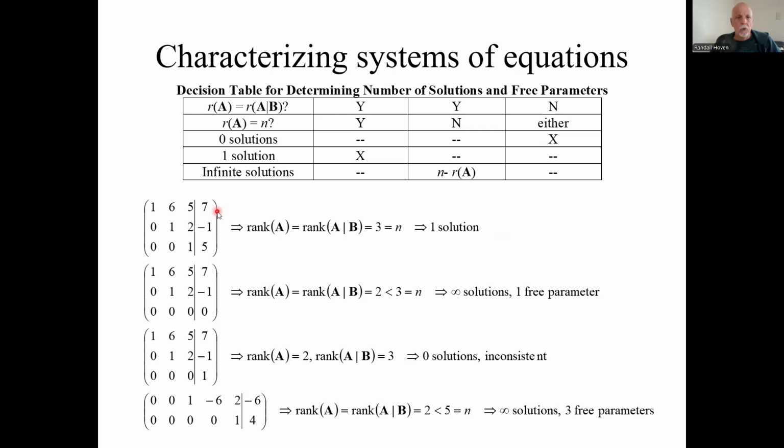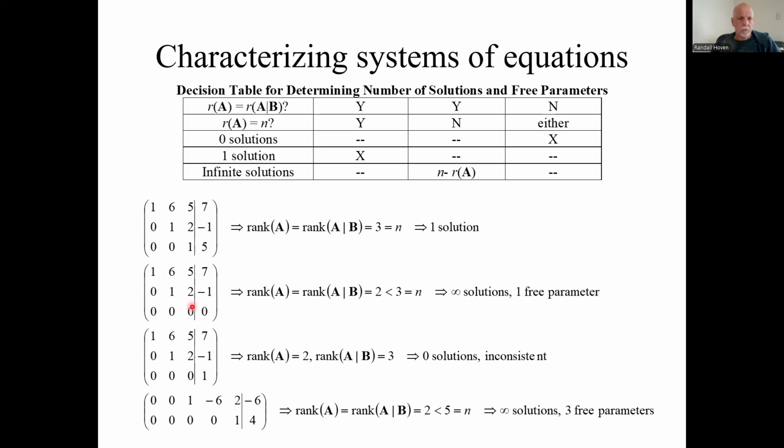So if you already have augmented matrices in row echelon form, you can figure all this out. It's just three numbers you need: the rank of just the A part, the rank of the whole augmented matrix, and n. Here it's both three, and that's how many columns of A, so you get one solution.